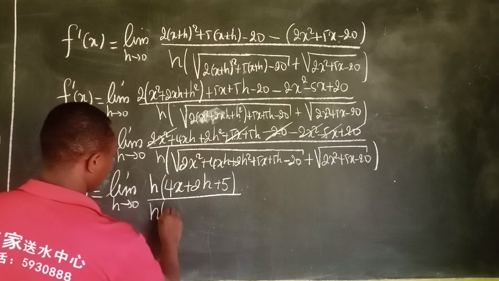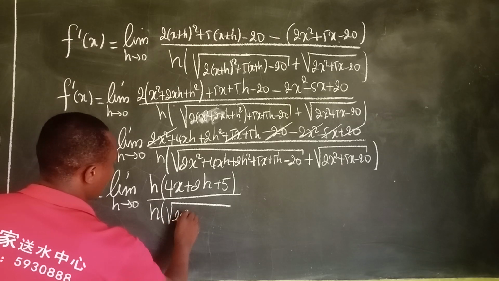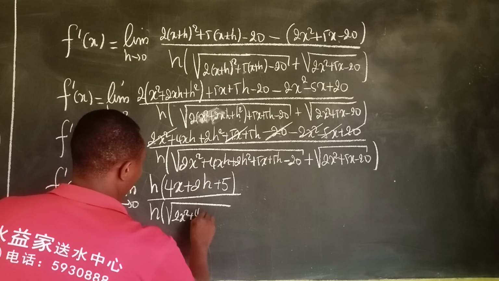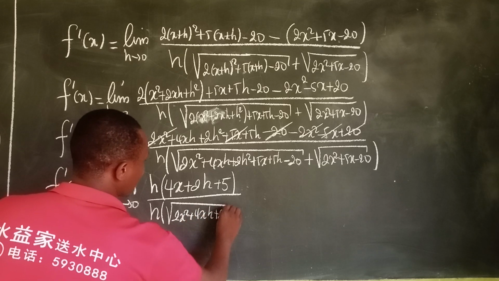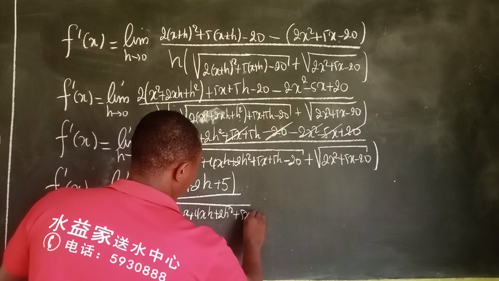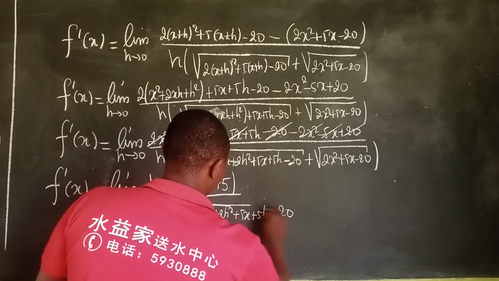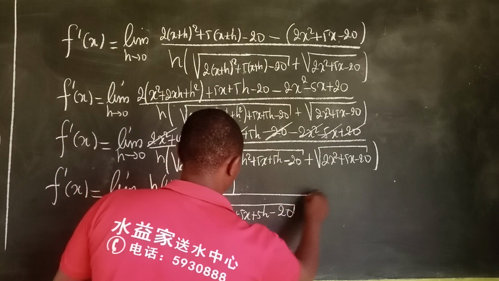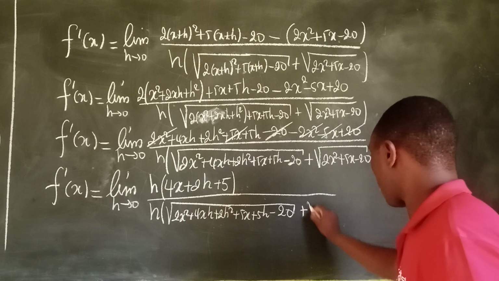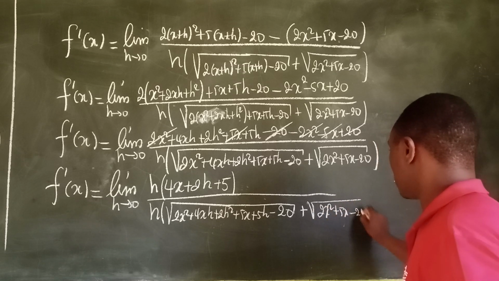h into the square root of, here is 2x² + 4xh + 2h² plus 5x plus 5h minus 20 plus, here is the square root of 2x² + 5x − 20.